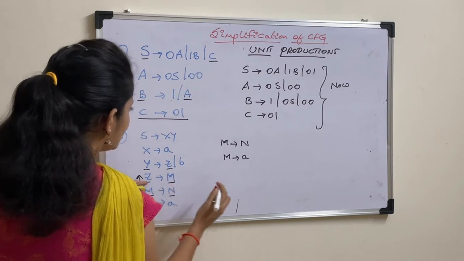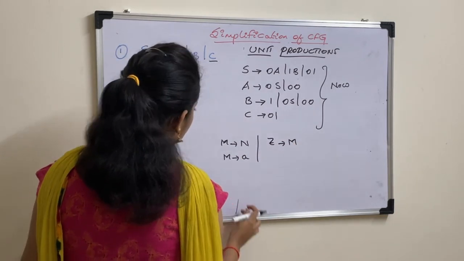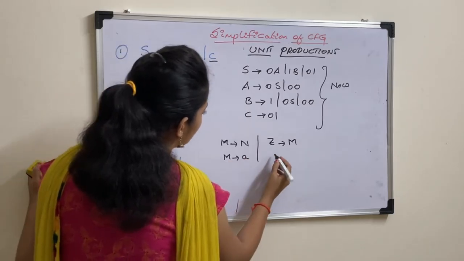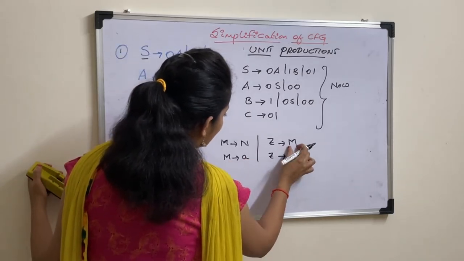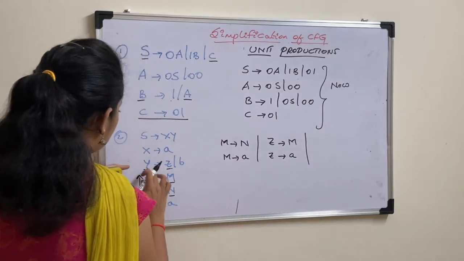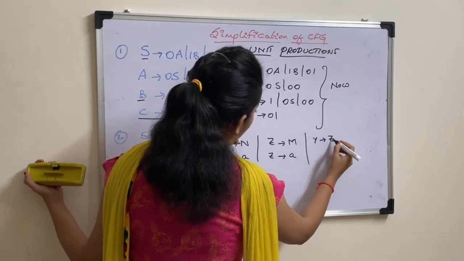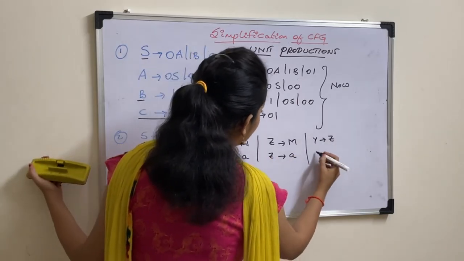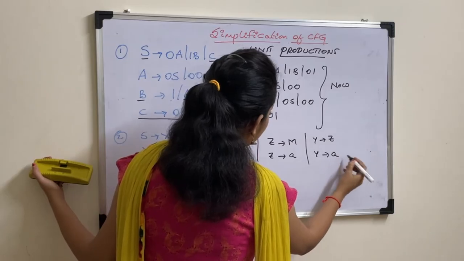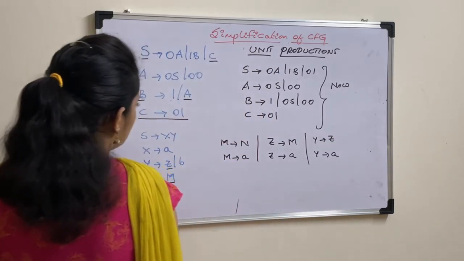After this, move to the second one, that is Z derives capital M. M is already deriving small a, so you can replace this capital M with small a. Now, Y derives Z. Z is deriving a, so you can write it as Y derives small a. Replace this Z with a.